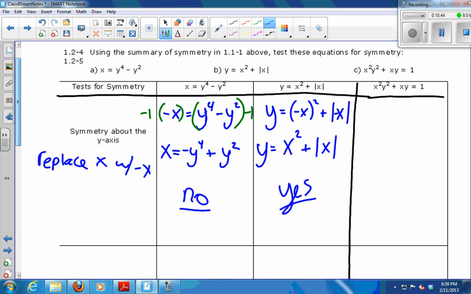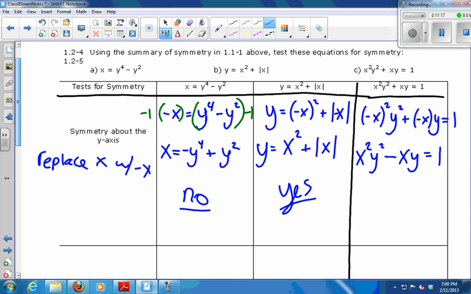And then in this last one, replace the x's with negative x's, and I get negative x squared y squared plus negative x times y equals 1. The negative x in parentheses squared means negative x times negative x, which is positive x squared. So I get x squared y squared. Negative x times y is negative xy, because I have one negative and one positive, equals 1.